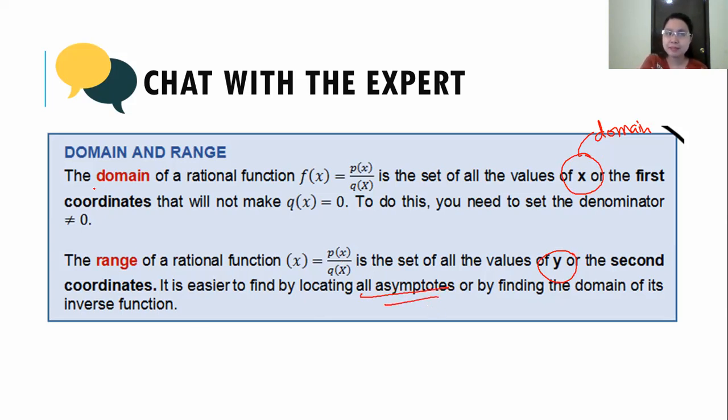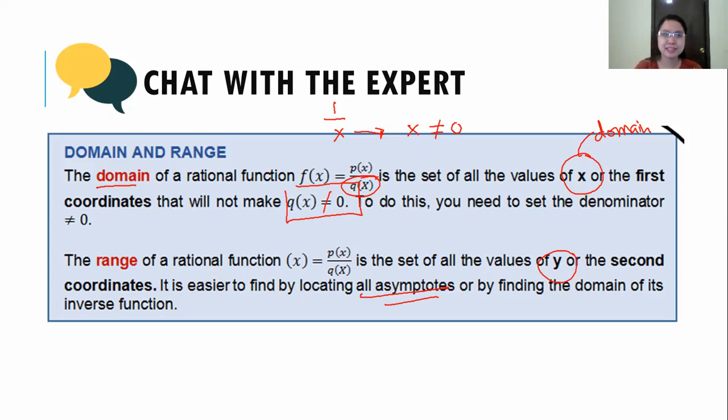But for the domain, we need to check our denominator. Our denominator should never be equal to 0. For example, we have 1 over x. Then you take the denominator, x should never be equal to 0, or else your function becomes undefined.